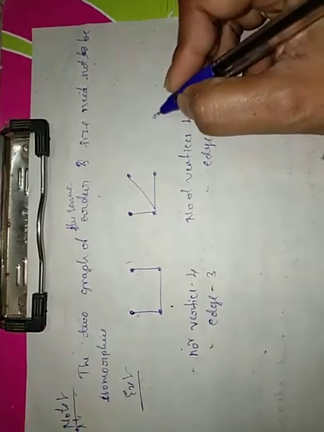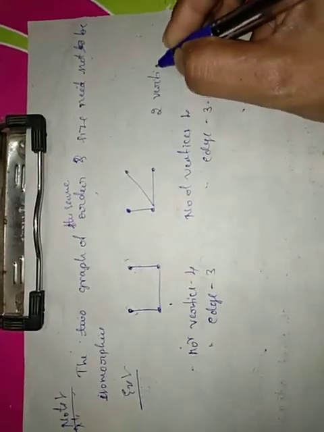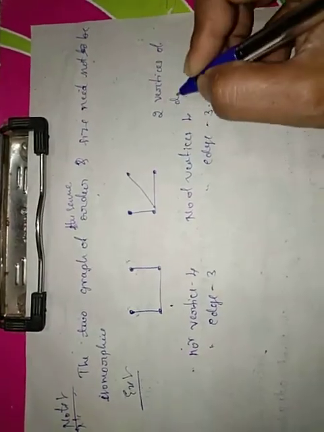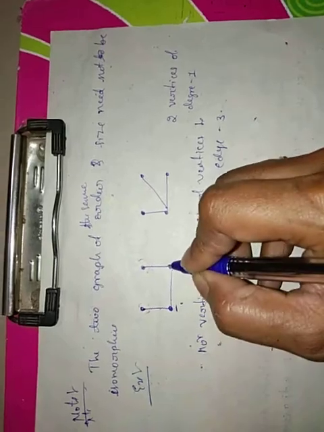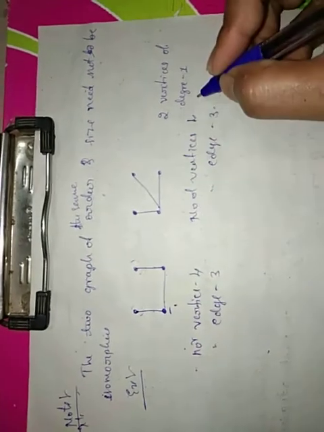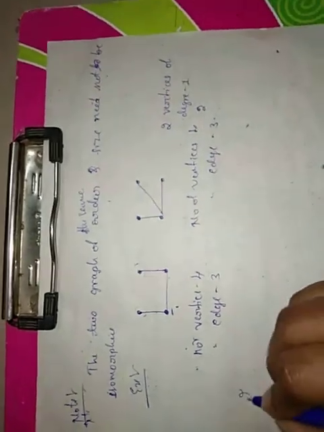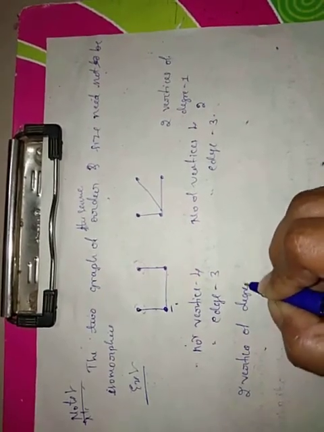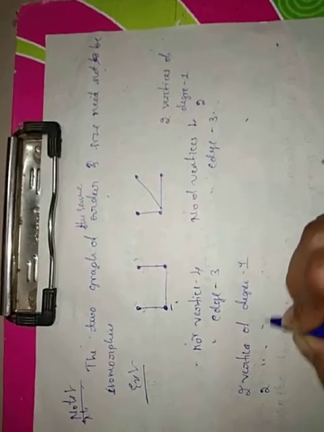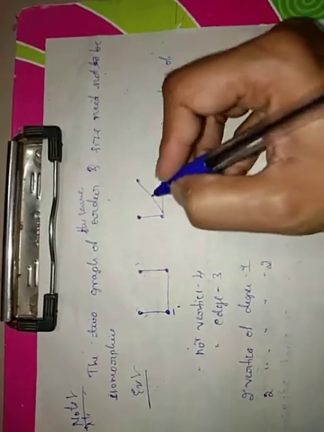So there are two vertices of degree 1. And here the degree of this vertex is 2, and this vertex is also 2. So two vertices of degree 1 and two vertices of degree 2. And come to the other graph.